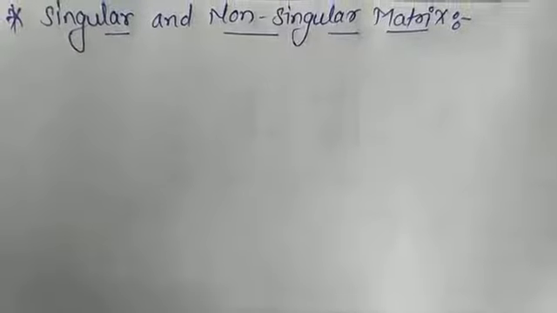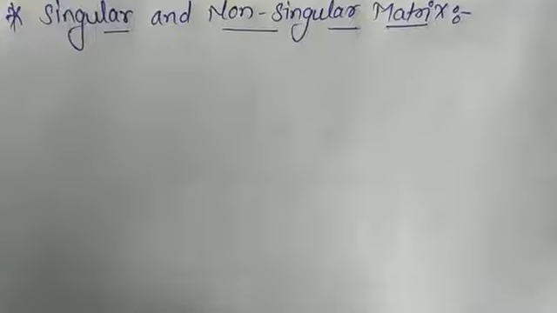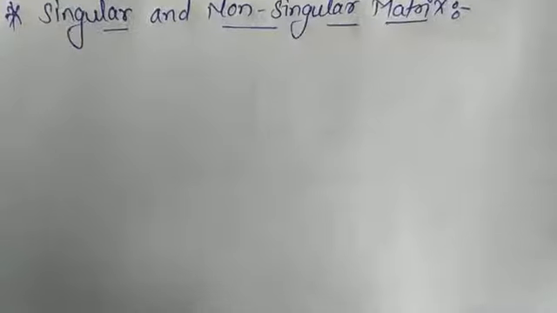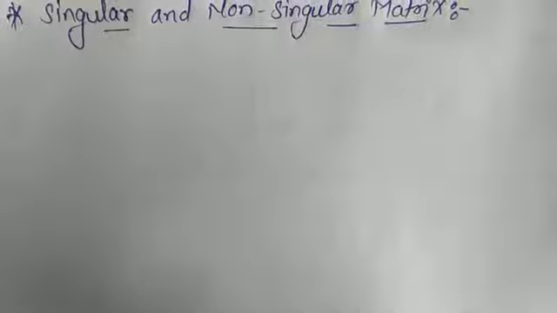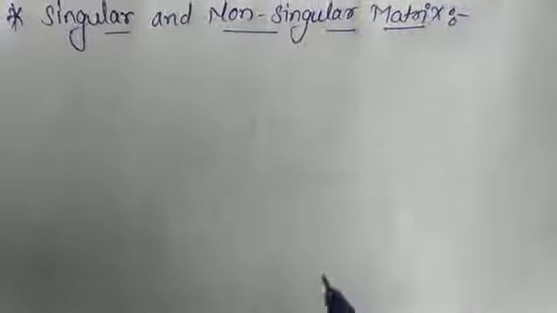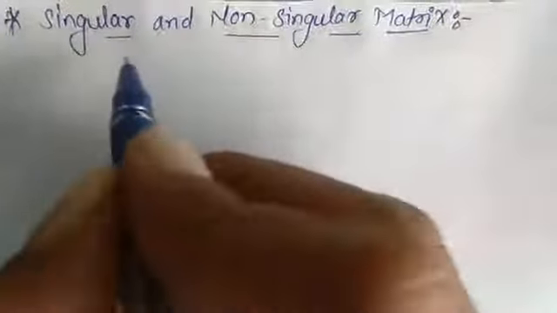Now the next definition is singular and non-singular matrix. Singular and non-singular matrices depend on the determinant of a matrix.